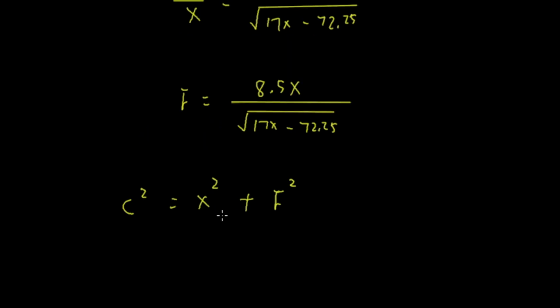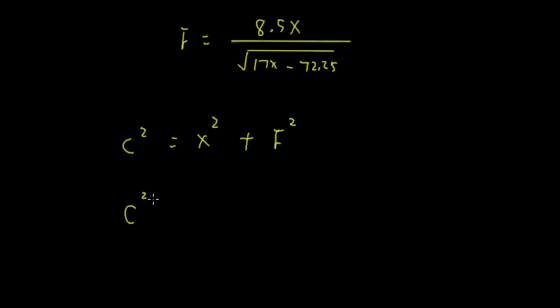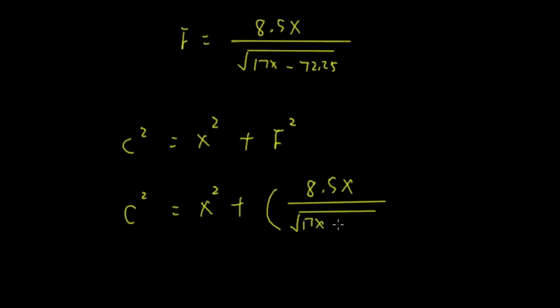Now, x squared is already in terms of x. That's fine. And f is this, right? So this square. c squared is equal to x squared plus 8.5x over 17x minus 72.25, squared.